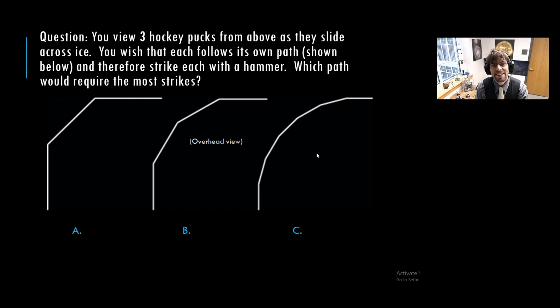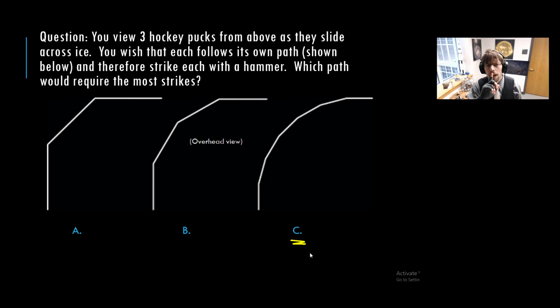Corollary question, how do we change the direction that an object is going? Yeah, we have to hit it perpendicularly. Good. So the question really is, which object changes directions the most often? That's C. Object C changes the most often.